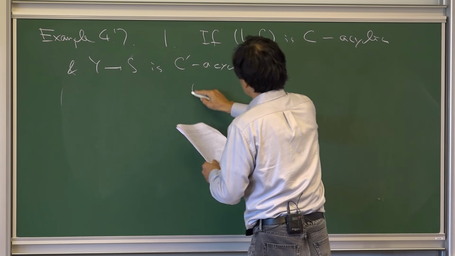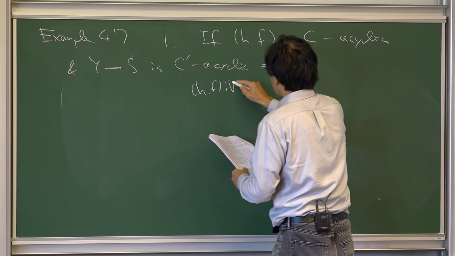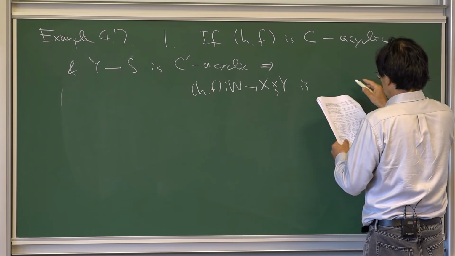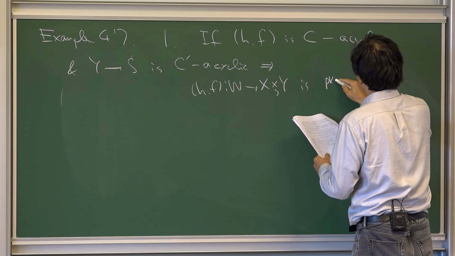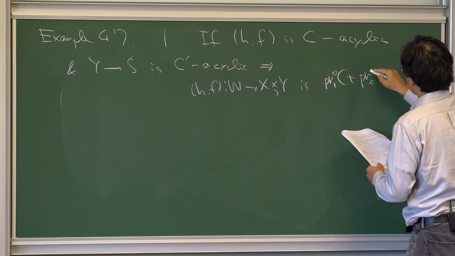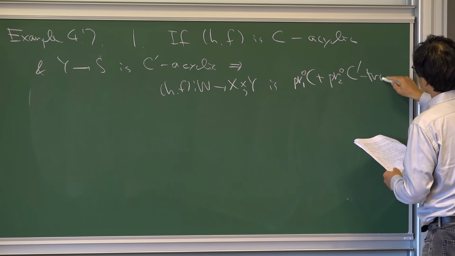Then we have this product motion. So this is the sum of the two pullbacks, transversal.